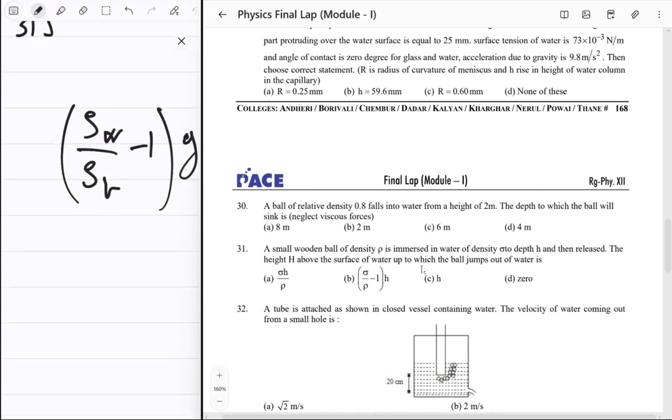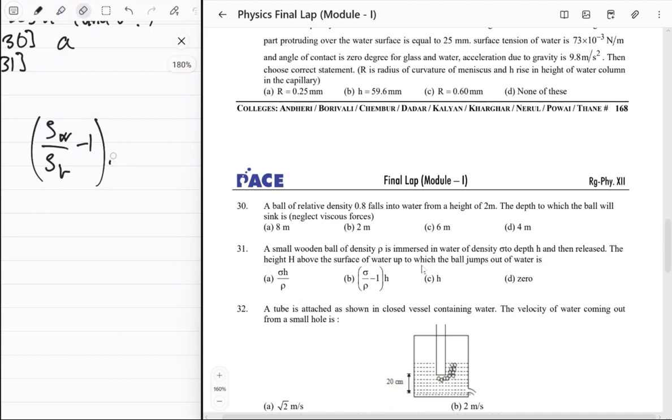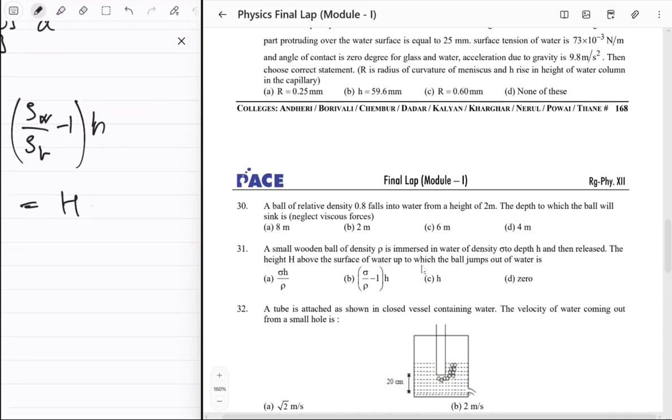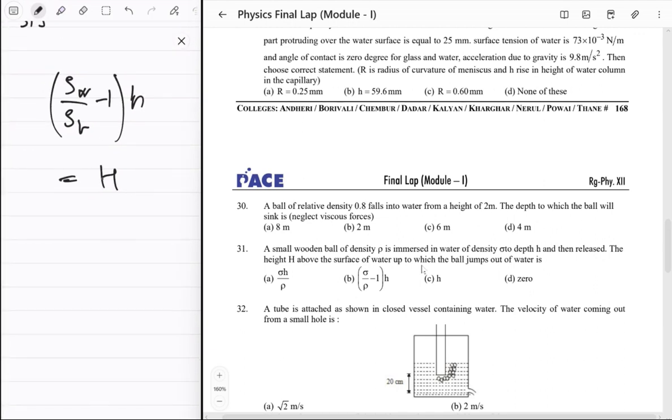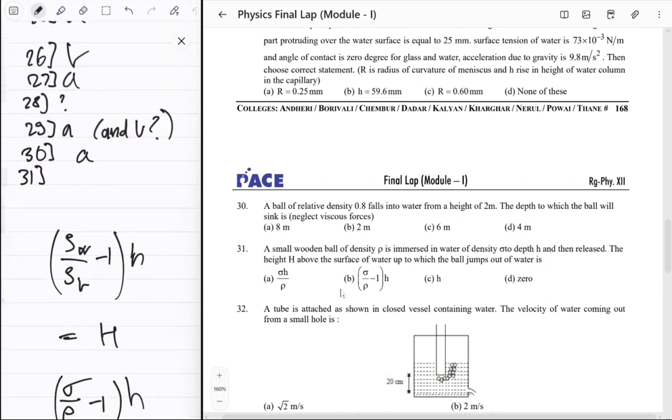So this times जो इसकी initial depth थी, depth h, that will just be equal to जो इसकी final height है water surface के ऊपर times इसका जो deceleration रहने वाला है, which is gravity g. Easy as that. Density of water कितनी है, density of ball कितनी है, and this is sigma upon rho minus 1 times h, which is 31st का b. Next question.